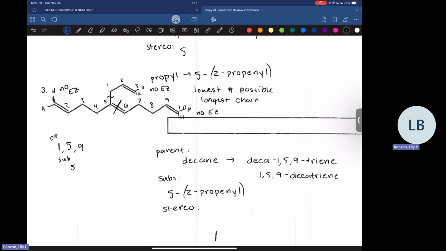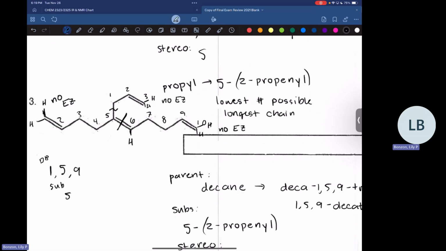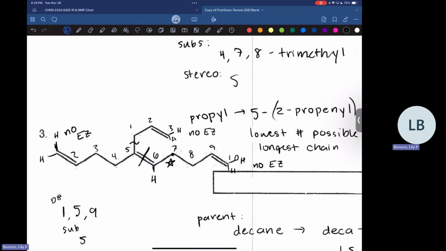And that just leaves us with this double bond starting at carbon 5. So at carbon 5, on the right-hand side, we have a hydrogen, and then we have a carbon chain going towards the top right. So carbon is obviously going to be a higher priority than hydrogen. So we'll put our star on that side.